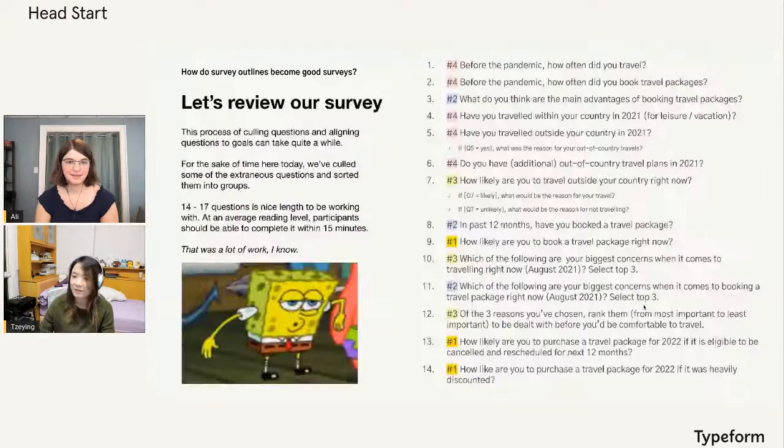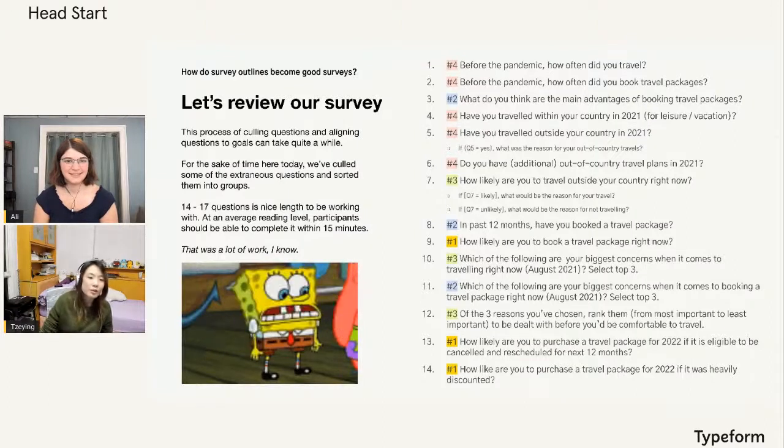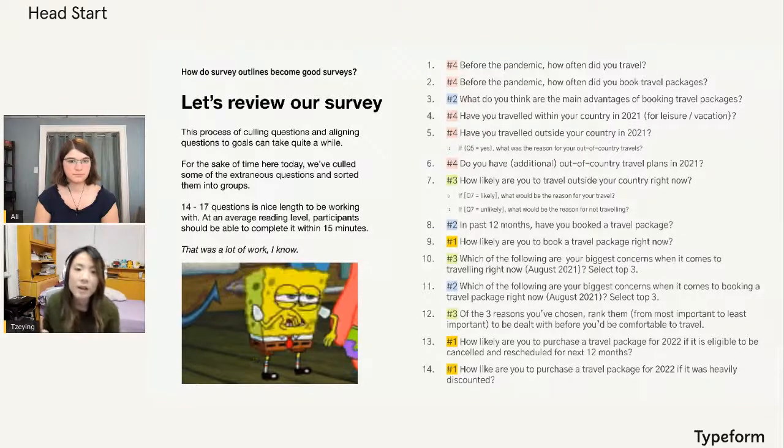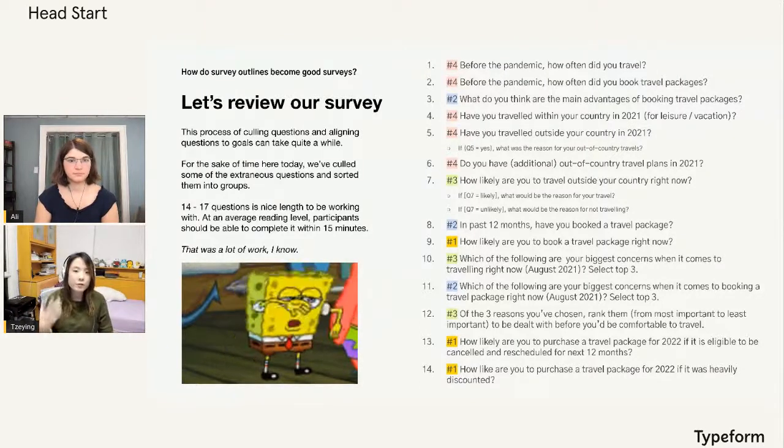All right, so let's review our survey here. We've highlighted all the different types of goals. As you see here, goal number 4 is all the way up at the start of the survey. This might seem a little bit unintuitive, but it's more important how your survey flows. It needs to read like a narrative so that the person's train of thought follows accordingly.